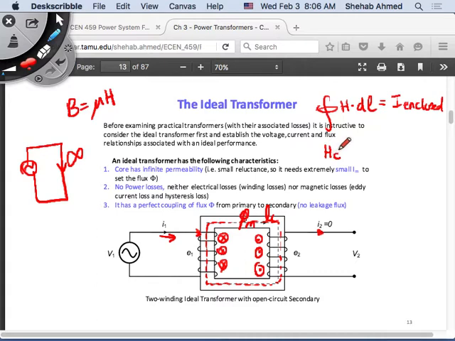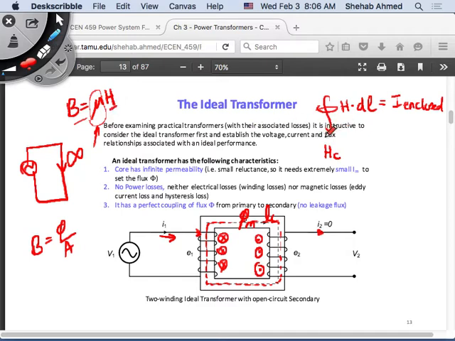The magnetic field intensity is created by the flux density that's flowing, and this flux density B is equal to phi over A. So the flux that's flowing and the flux density are proportional, with the area as the inverse of proportionality. The B and the H are proportional with respect to mu. Here we're assuming initially that mu is constant.